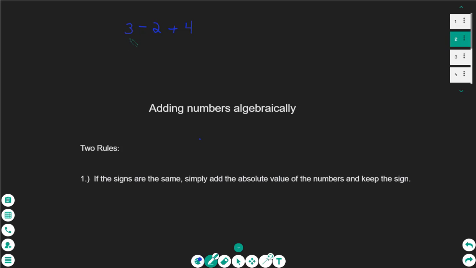So the first individual number is this 3, which means there's an invisible plus sign here. So we have a positive 3. We place that in parentheses, and we add that with the next number. And the next number is this, a negative 2. We then add that to the third number, which is a positive 4.